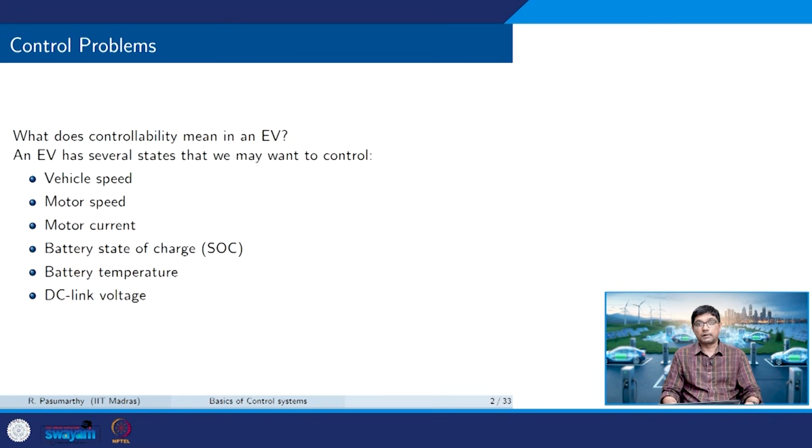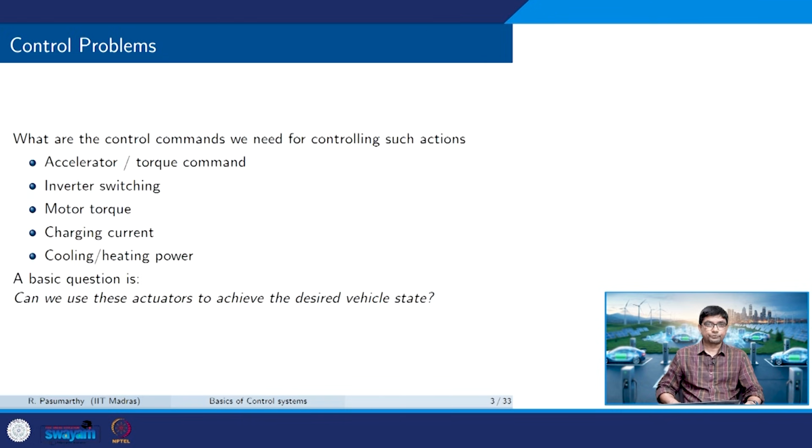We are looking at battery temperature, the DC link voltages, and several other things across domains. As we started off with the temperature of a room and the water level control in a tank, how does this control actually happen, and what are the control commands that we need?